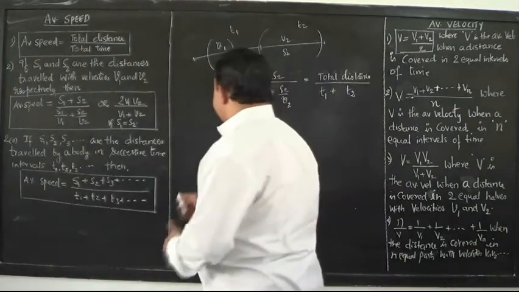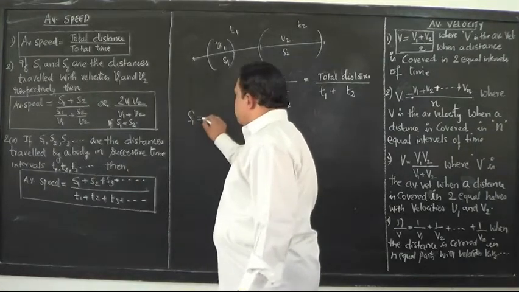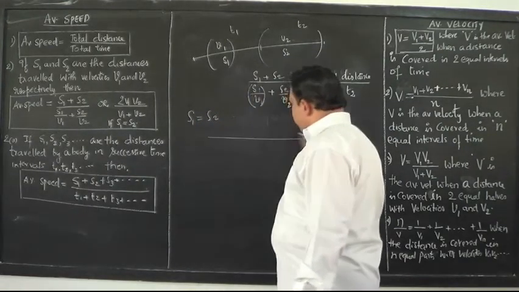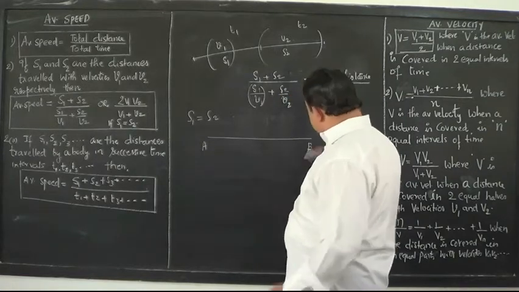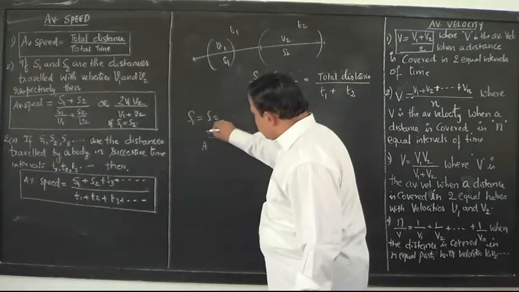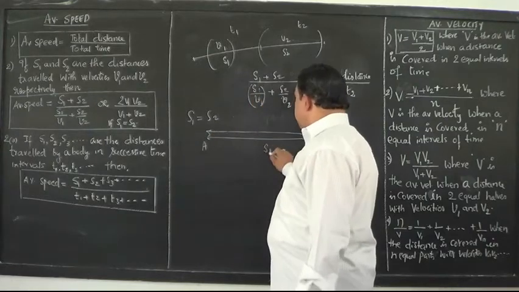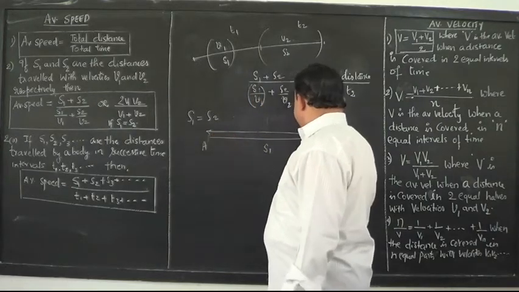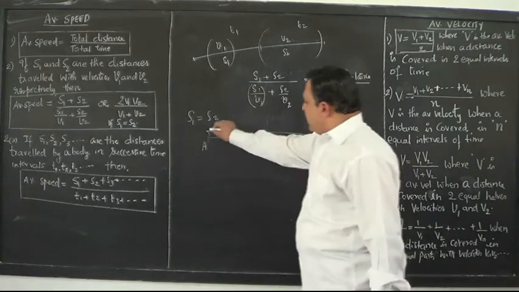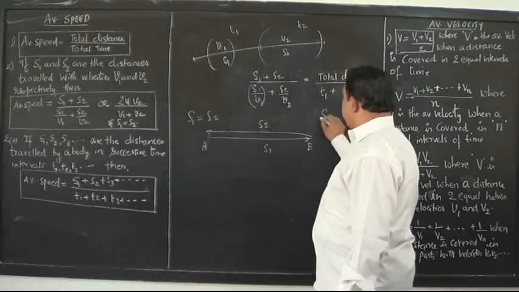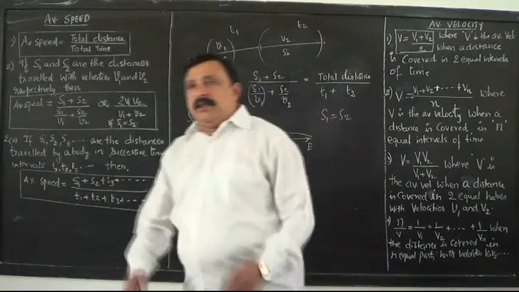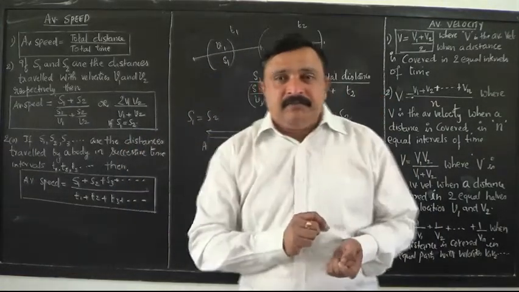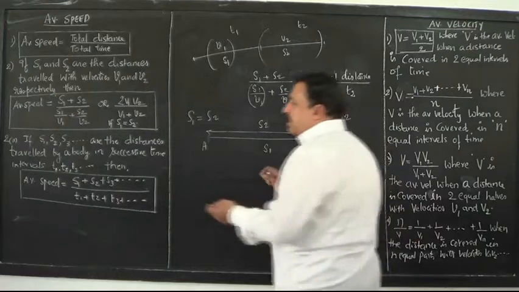Now supposing S1 is equal to S2, let us say a man walks from A to B and again walks back from B to A. A to B is S1, B to A is S2, and clearly S1 is equal to S2. If these two distances are equal, then how do we find the average speed?